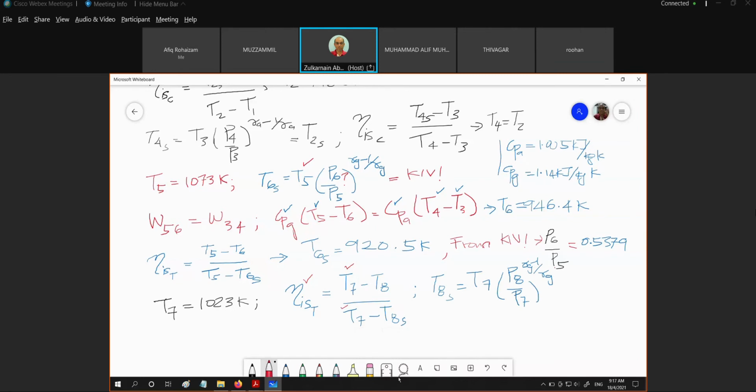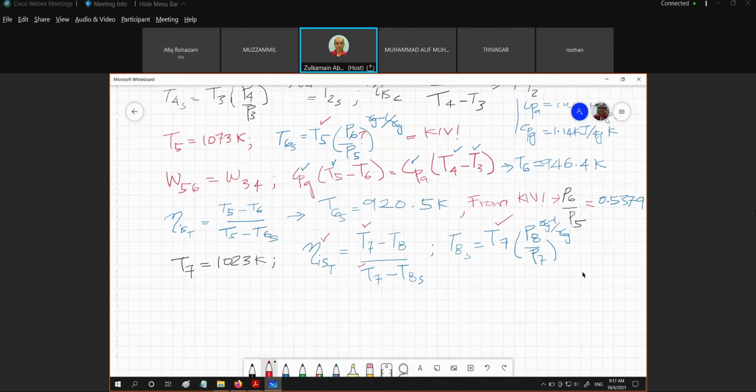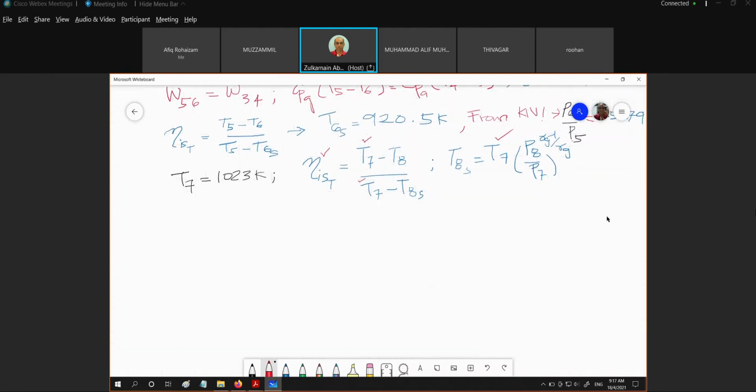We already have T7, we already have P6 over P5, and we have the overall pressure ratio. So the possibility of getting P8 over P7 is there. We are looking at the process 7 to 8S.